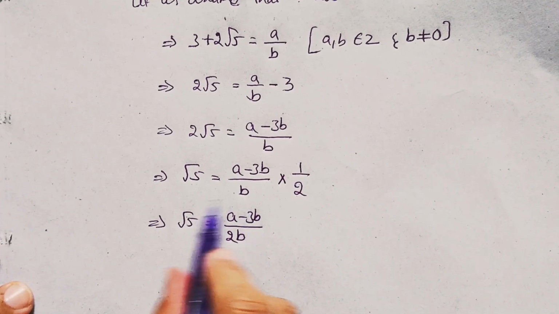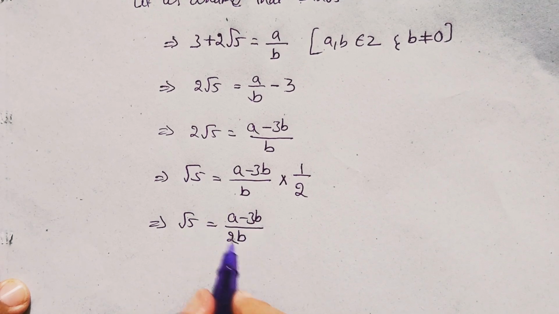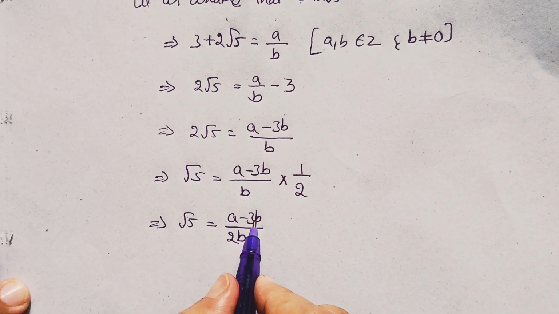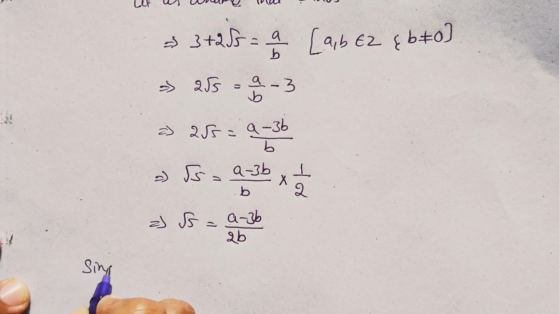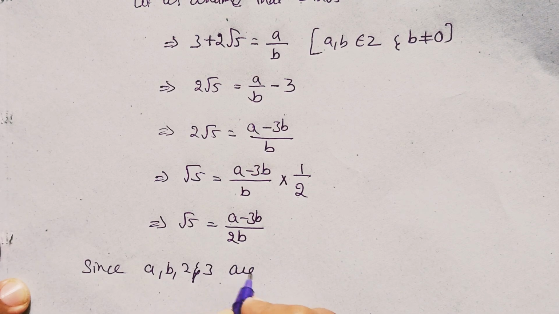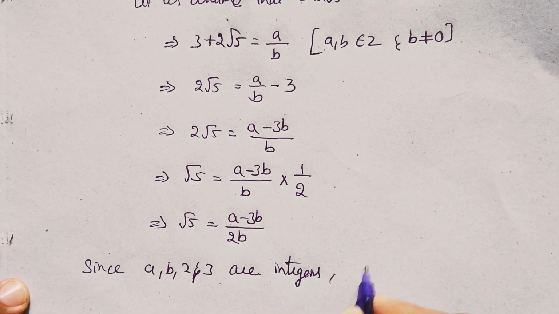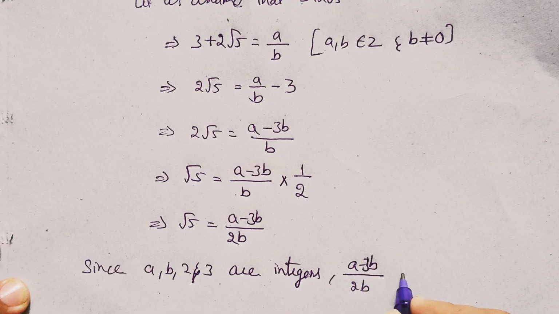So this is our equation. If you observe this, here a, b, 3 and 2, these all are integers. Since a, b, 2 and 3 are integers, a minus 3b by 2b is a rational number.